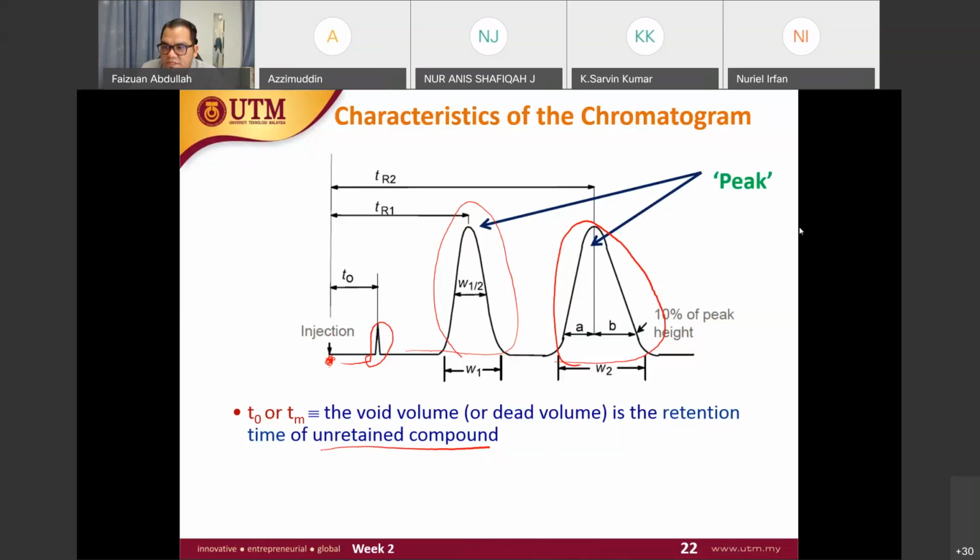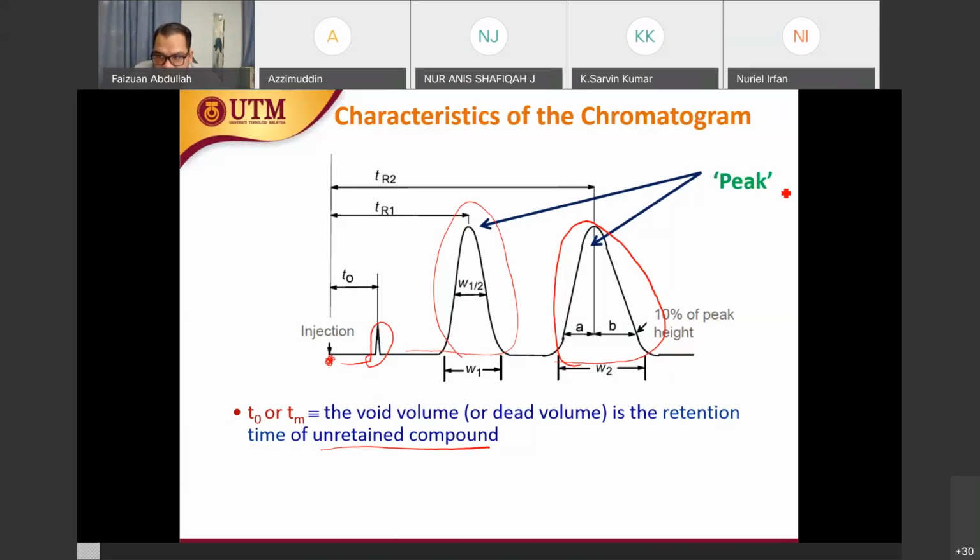Hakim Pauk said that it is the time taken for the solute to pass through the column. So what do I mean by that? Hakim Pauk, can you explain that more?